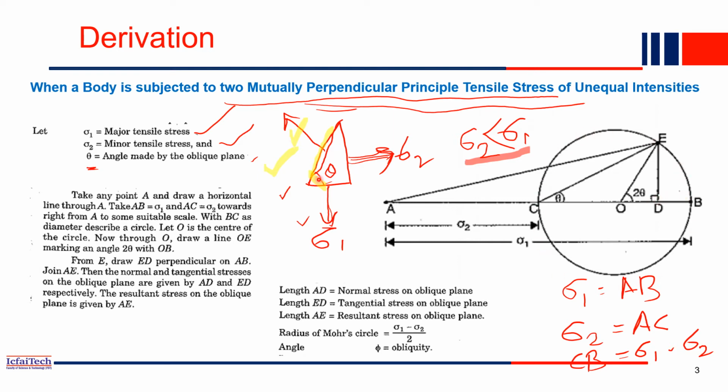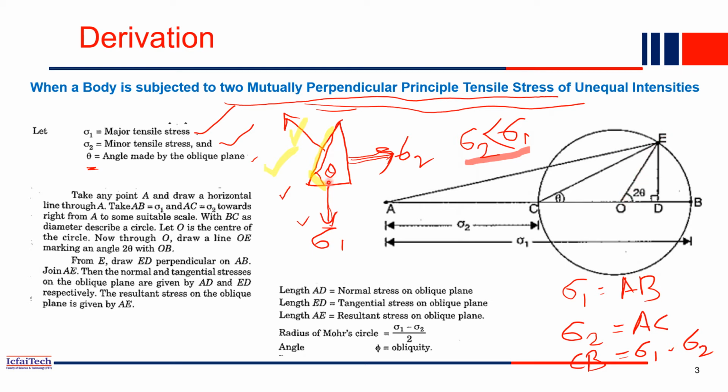Now next, the inclined angle is given as theta. So from the center we take double of whatever angle is there. If it is theta, then we take 2 theta, the double angle, and we draw a line.